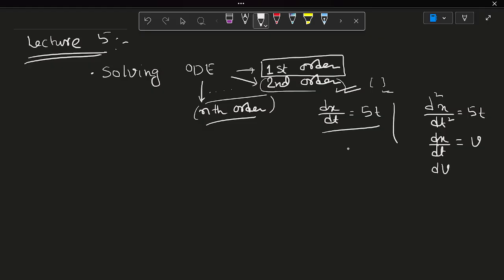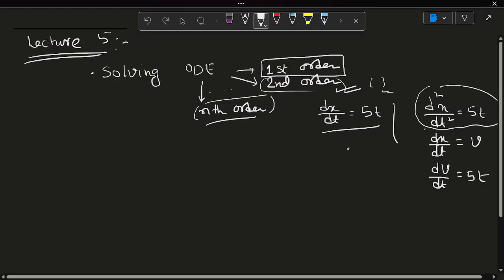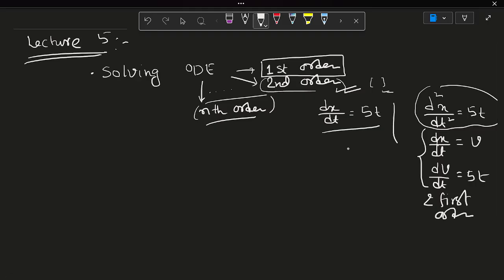So here you can write dv/dt, and dv/dt is 5t. This second order differential equation is now decomposed into two first order differential equations. So once you know how to solve a first order differential equation, any nth order differential equation can be decomposed into n first order equations.